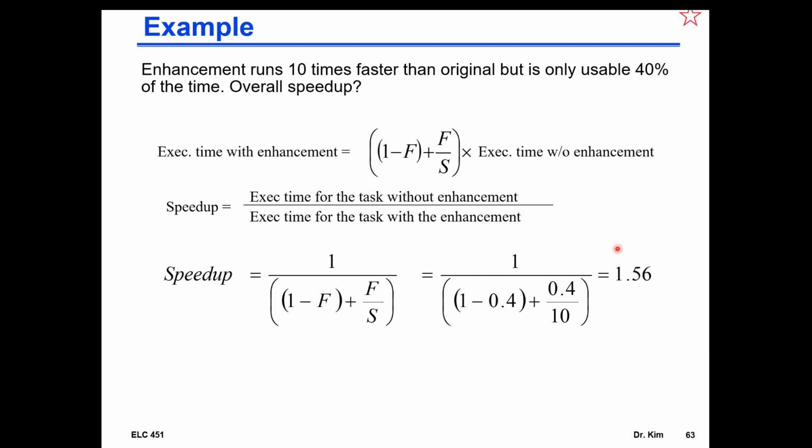Well, that is because what we made 10 times faster is only used 40% of the time. If it was used 100% of the time, then we would get the full 10 times speedup. But it degrades rapidly by the amount that is not applicable to that enhancement that you are making. So again, this is an example of the types of problems related to performance and related to Amdahl's Law.